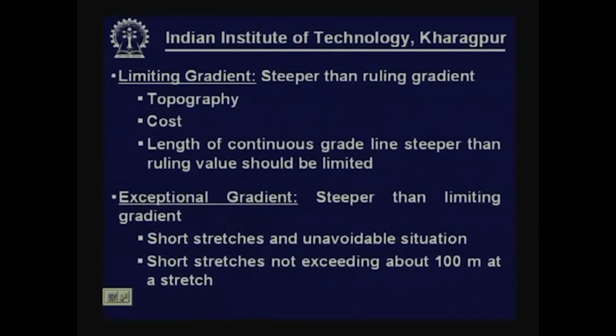Then the third type of gradient that is used is exceptional gradient. It is further steeper than the limiting gradient, and by name itself it is exceptional. So, it will be applied or accepted only under exceptional conditions.